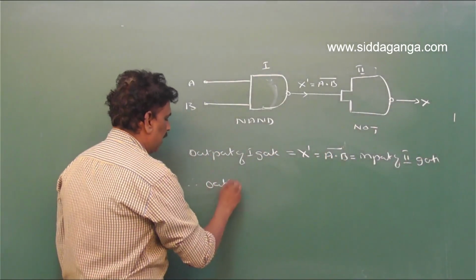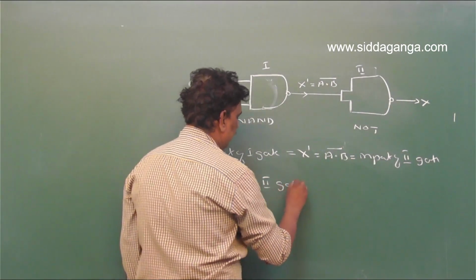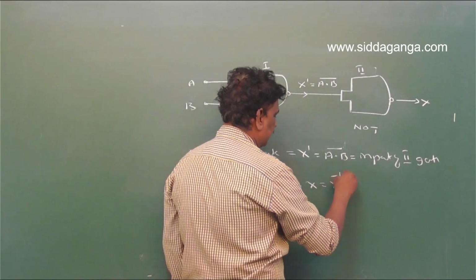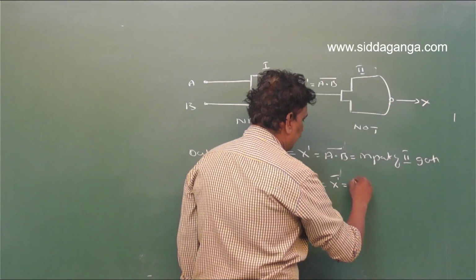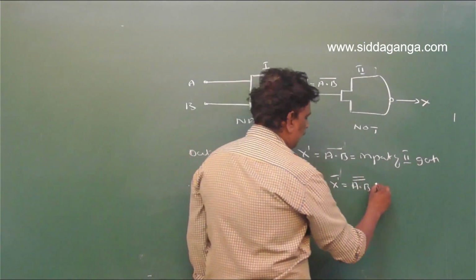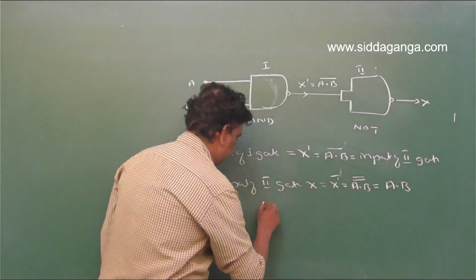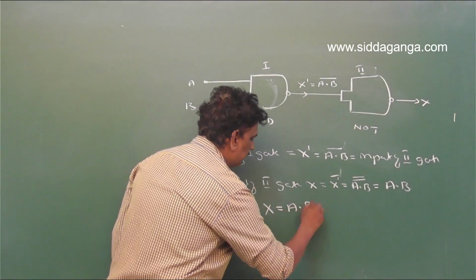Therefore the output of the second gate, X, is equal to X dash bar, that is equal to A dot B double bar, that is equal to A dot B. So the output of the logic gate is A dot B.